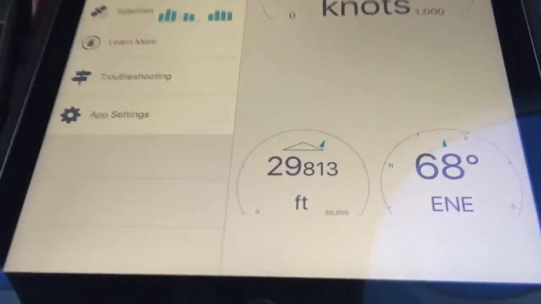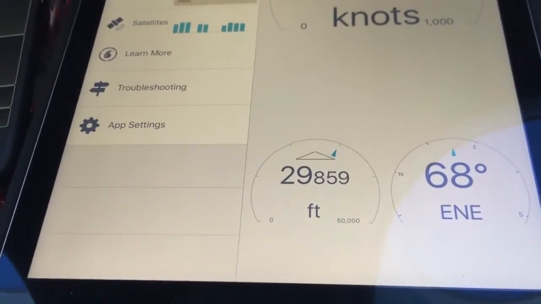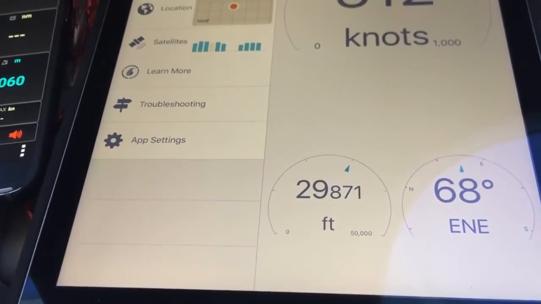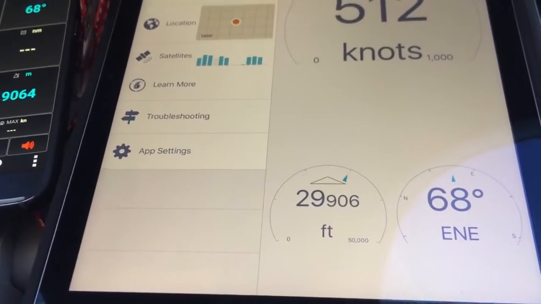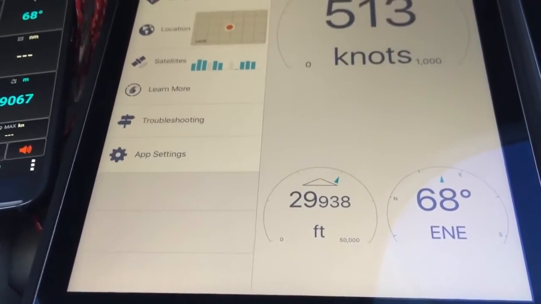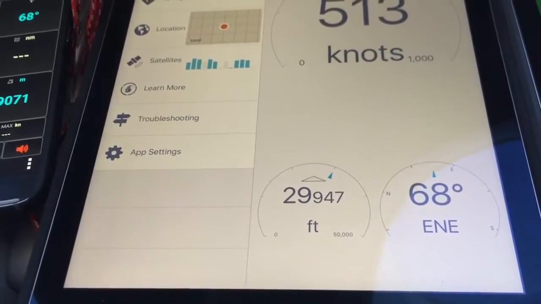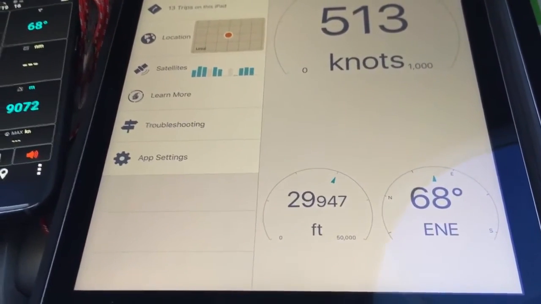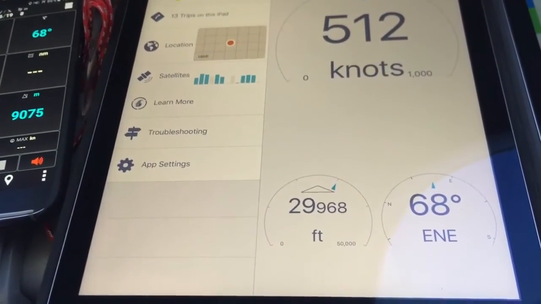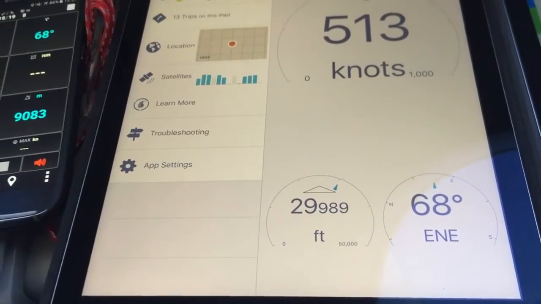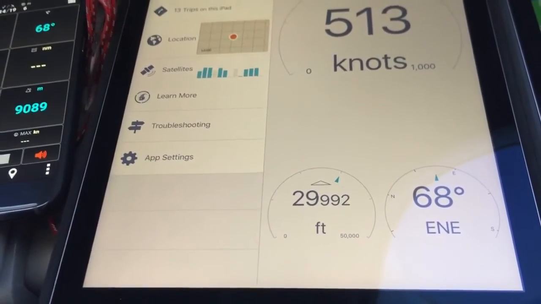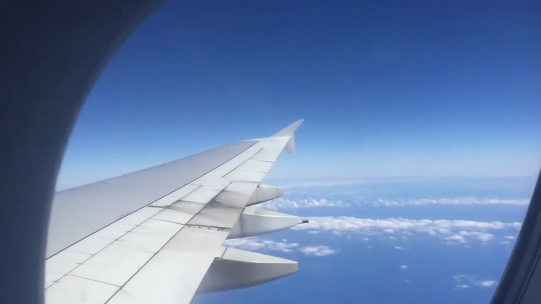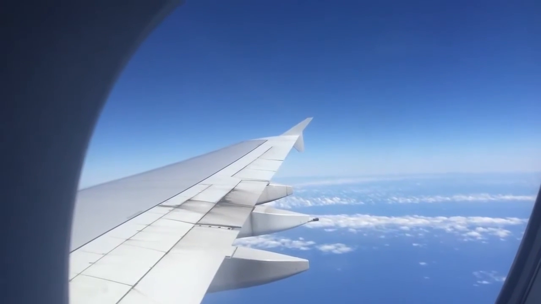And there we go, just passing 30,000 feet in a few seconds. Look how much the horizon has dropped compared to the first part of this video.